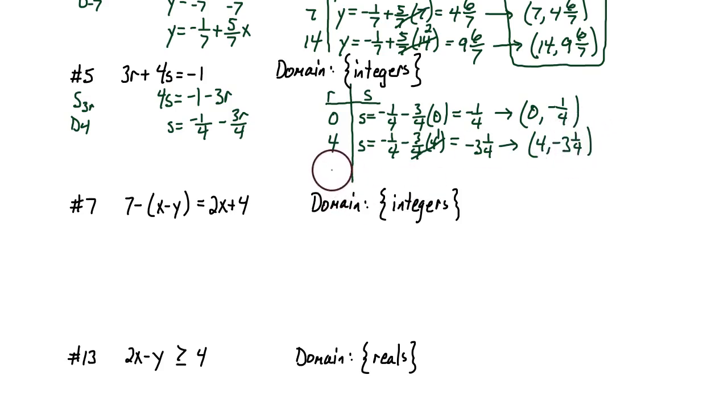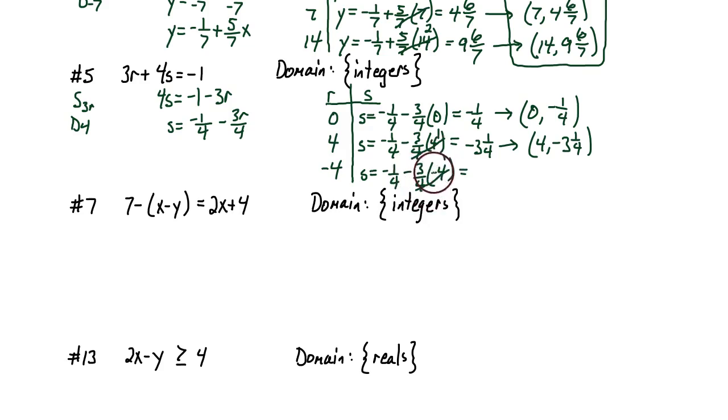We need another integer. Using another multiple of 4 would be a wise choice. We could use 8 or 12. We could use a negative number such as negative 4. s equals negative 1/4 minus 3/4 times negative 4. The 4's cross cancel, leaving a 1.